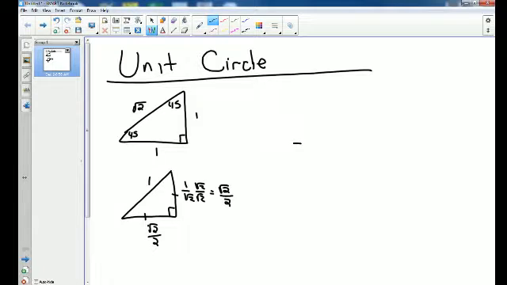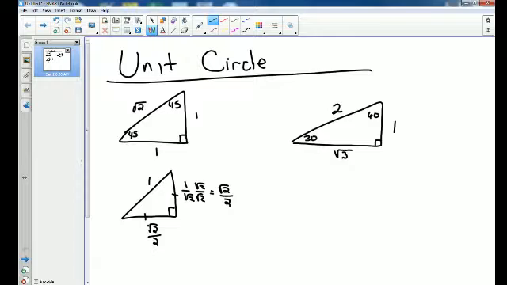The other one you mentioned was the 30, 60, 90. If I give you the short side, which is opposite the 30-degree angle, you remember the ratio for the long leg: 1 times root 3, so root 3. And then for the hypotenuse, it's 2 times 1, so 2.